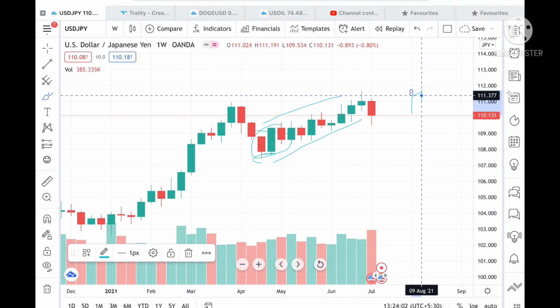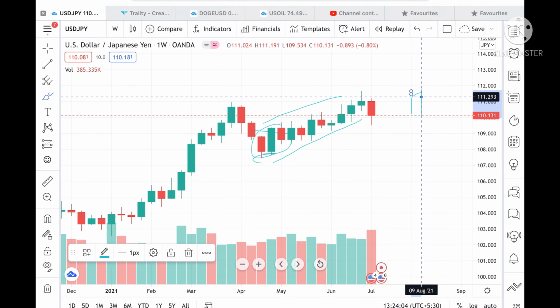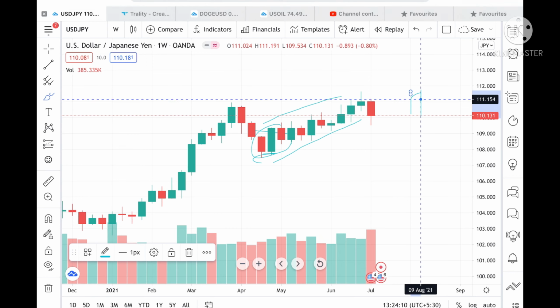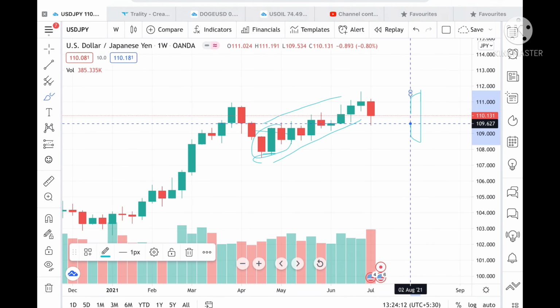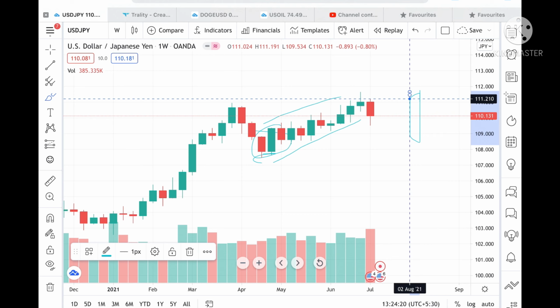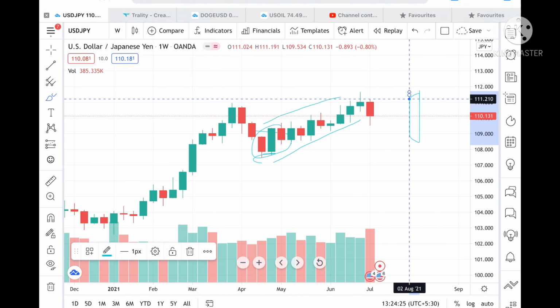Suppose if it goes above a level of 111, the low of that red candle is 109 and the high is around 111.210. If it goes above this level, then we can see a level of 111.210 if it sustains a level of 110, and if it sustains more than that, then we can see a level of 111.654.